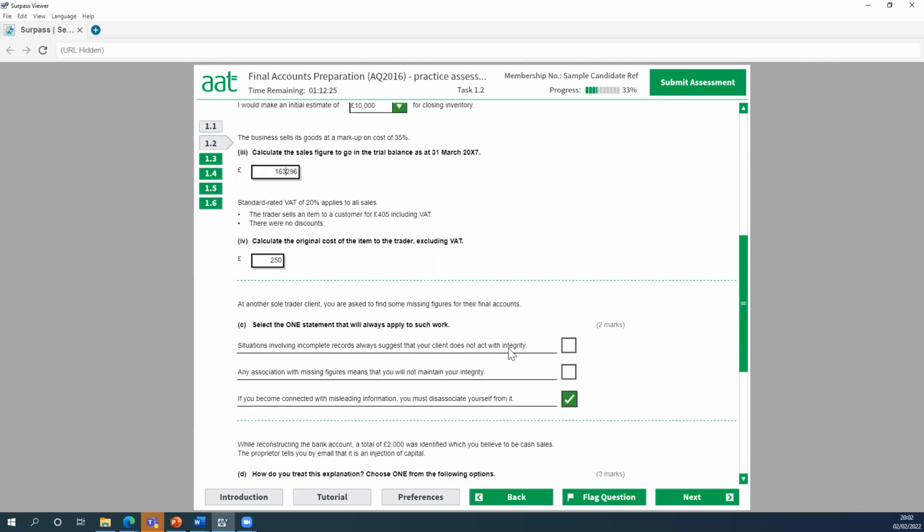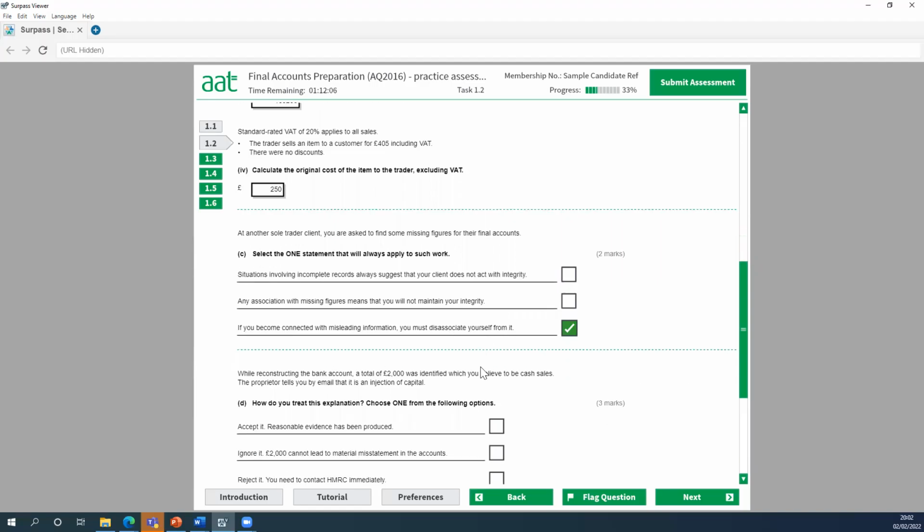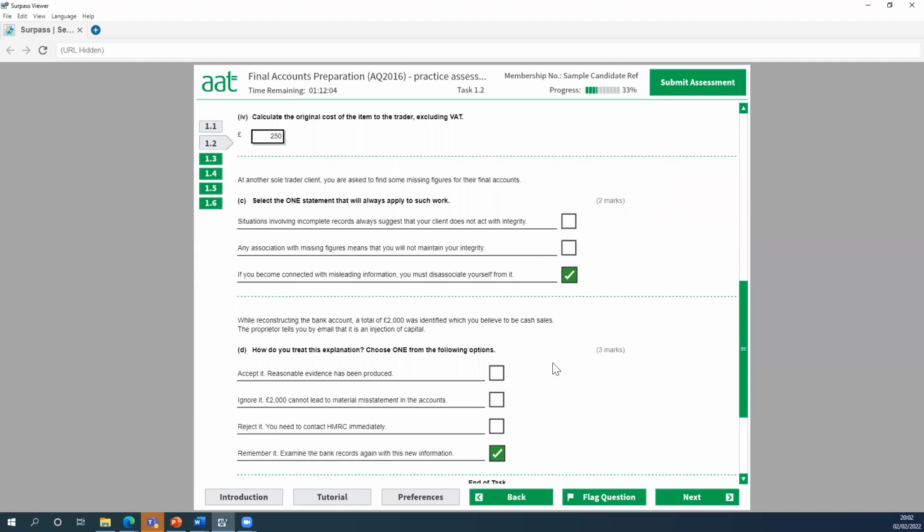Well, that's rubbish, because it could be just a mistake. If you become connected with misleading information, you must disassociate yourself from it, which you would, and you would report it to somebody high up.